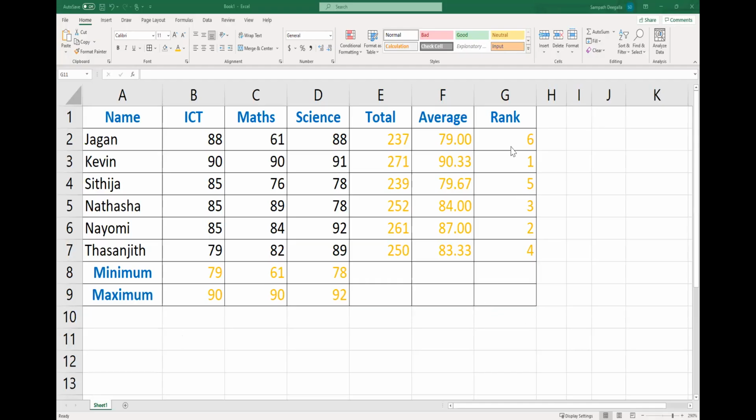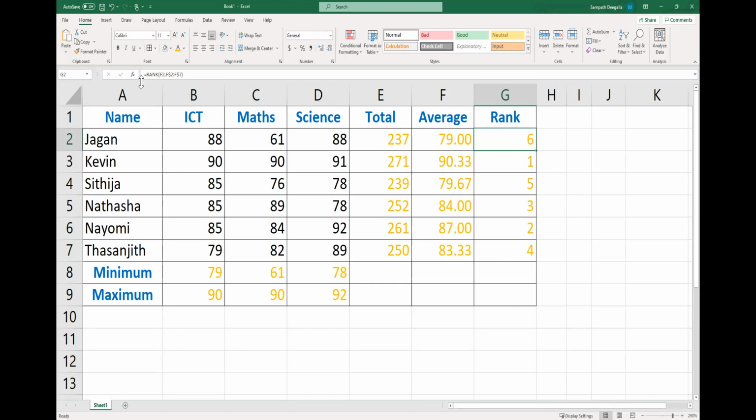Okay, the rank. Now rank is like this. The function takes two parameters. The first one we have to say which one to rank. So we will say equal rank, and then we put F2, comma. So F2 means we want to rank this one. Then we have to specify range. The marks range is this. So we have to say F2 to F7.